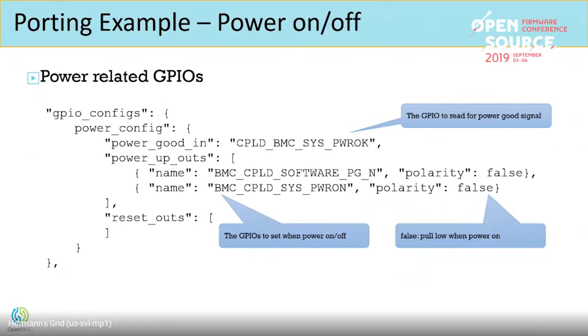So you can see this polarity setting to false, which means if you want to power on, you need to toggle the GPIO to low. And there's another GPIO for the CPLD to tell the BMC the power is okay. So that's in another GPIO. So with only a simple definition, we got the feature of system power on and off.